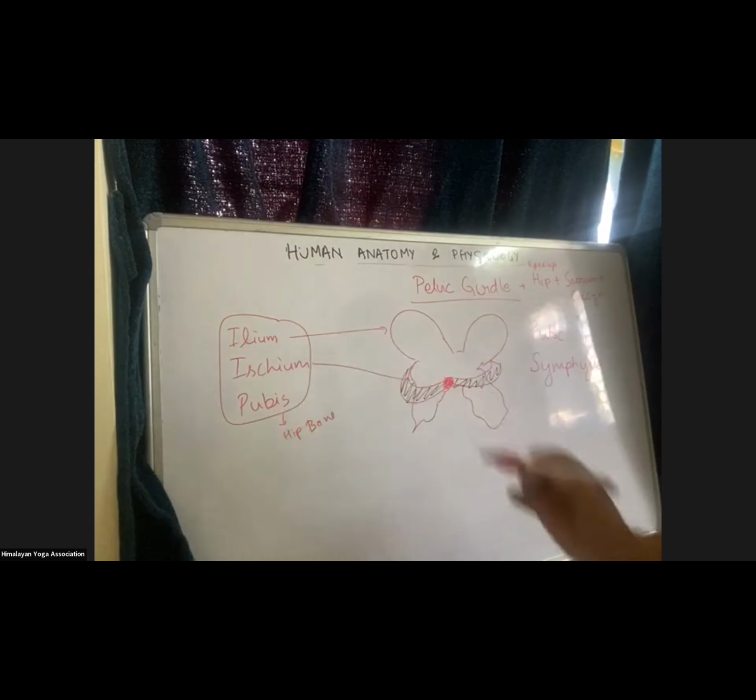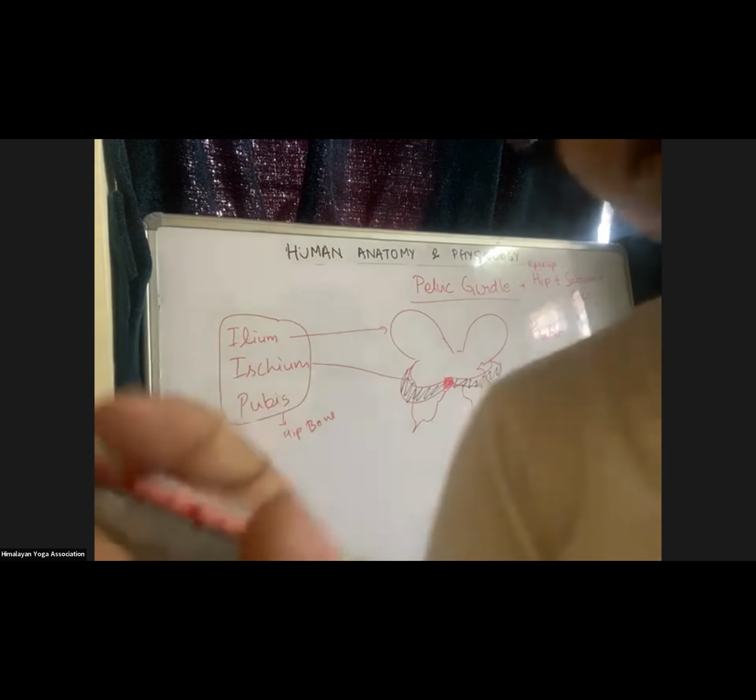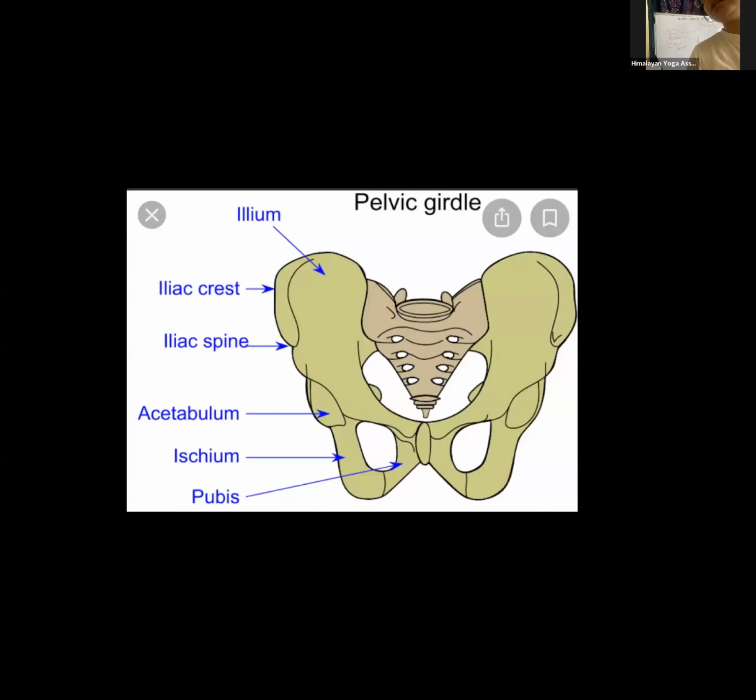In the image which you saw, this yellowish part is the hip bone, and this brown is the sacrum and the coccyx.